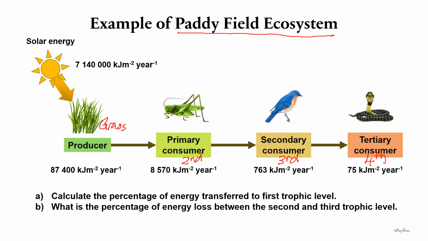If you study this question carefully, you are given the specific amount of energy found in each level, including the source of energy. The amounts are represented by specific units as well, which is kilojoules per meter square of surface area every year. Usually the unit is standardized to ease the calculation.